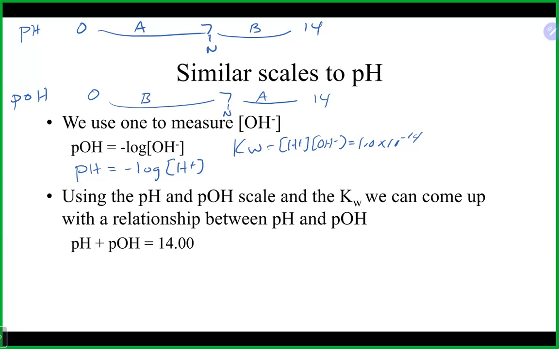So remember, when you are looking at whether something is acidic, basic, or neutral, I would always look at the pH scale, because most people don't have the pOH scale in their head. Most people have the pH scale in their head. If you just look at the pH, you will hopefully get the right answer. They are opposites of each other: if you have a high pH, you will have a low pOH, and vice versa.